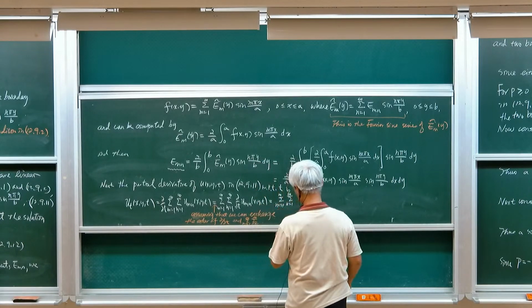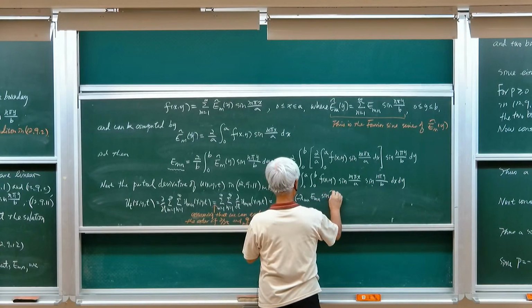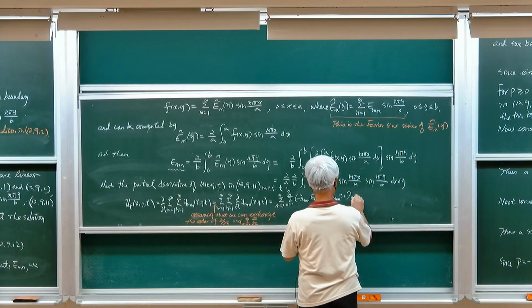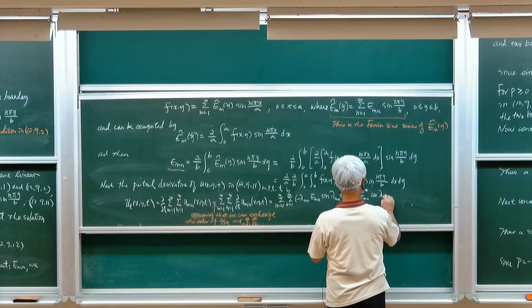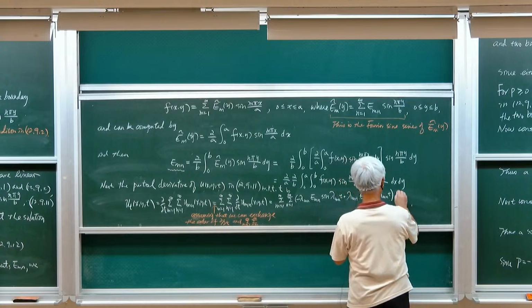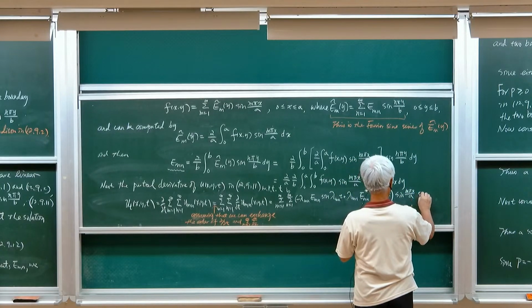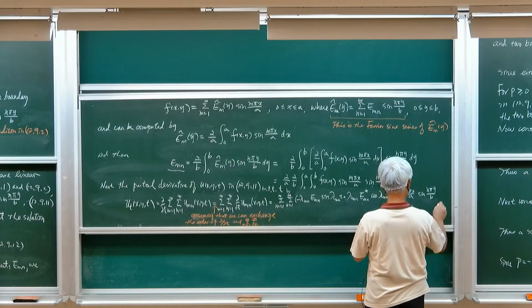So this becomes the double sum of minus lambda_mn E_mn sine(lambda_mn t) plus lambda_mn E_mn star cosine(lambda_mn t), times sine(n pi x / a) sine(n pi y / b).